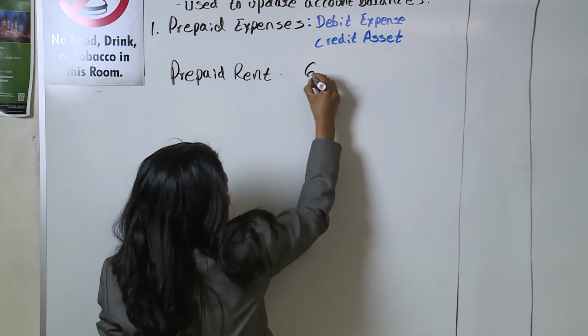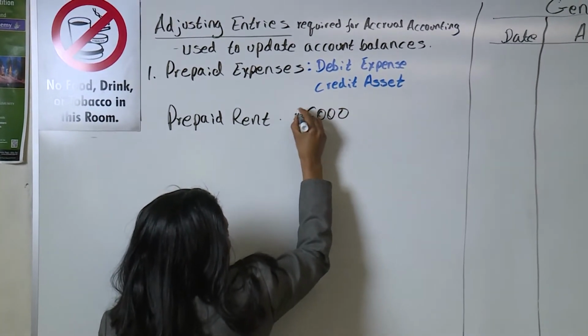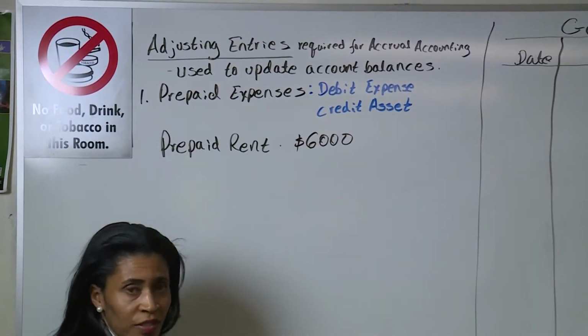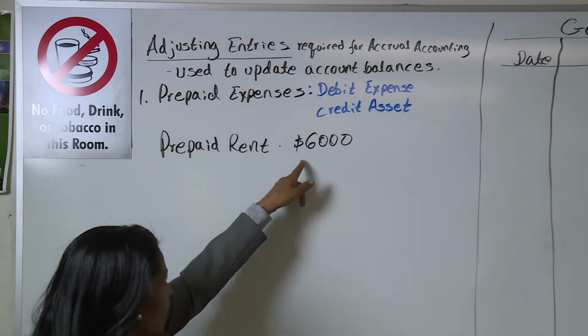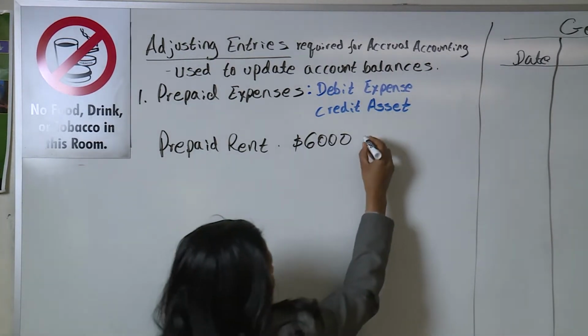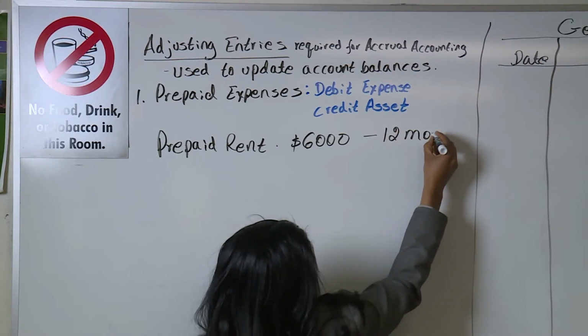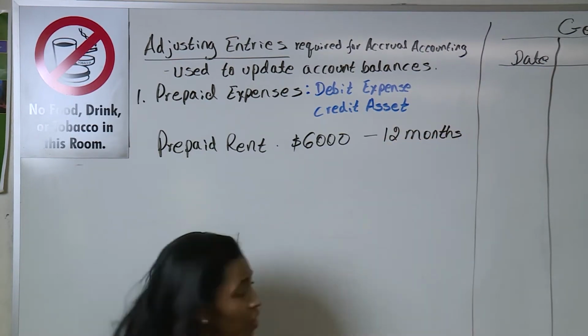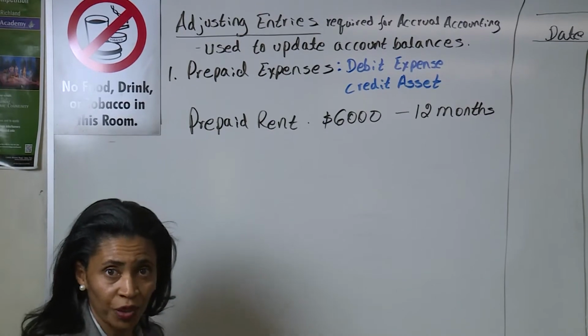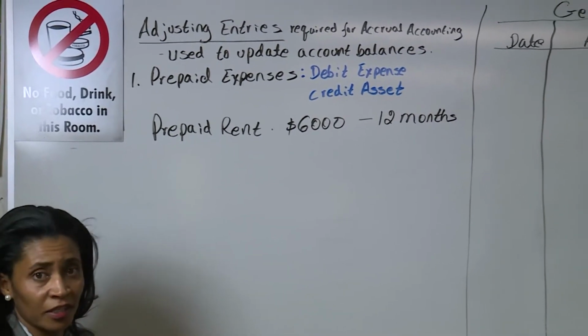We paid $6,000. If you go back and look at the transaction on December 1st, we paid $6,000 for 12 months. Years, I wish. It's 12 months. So for a year, we paid ahead $6,000.